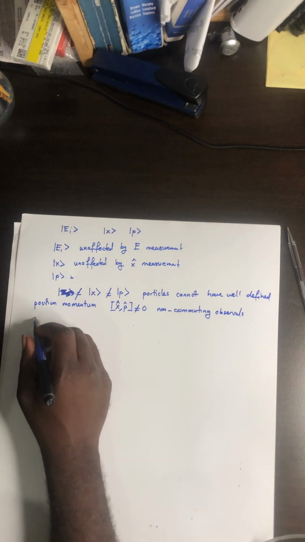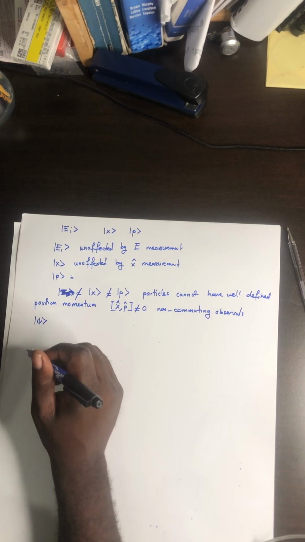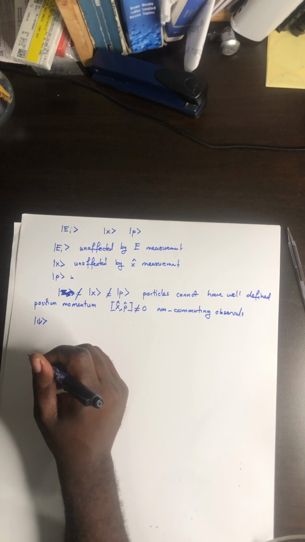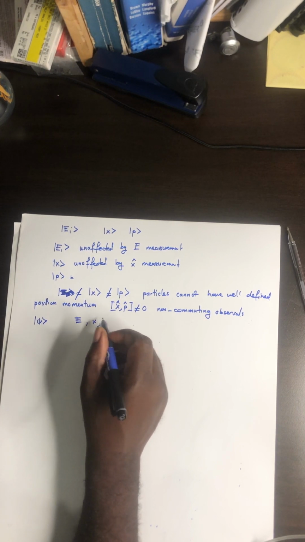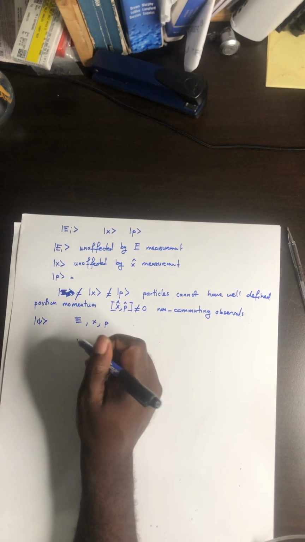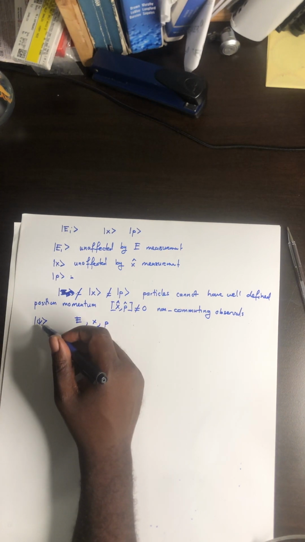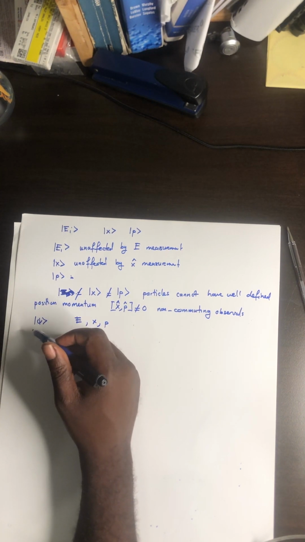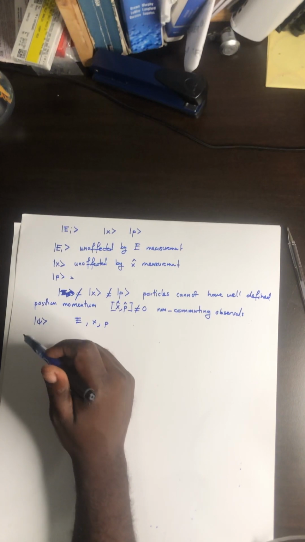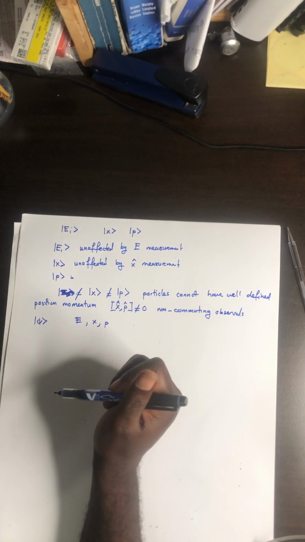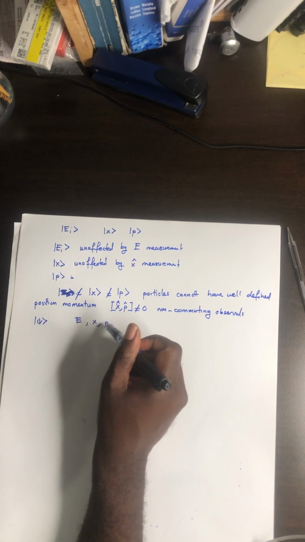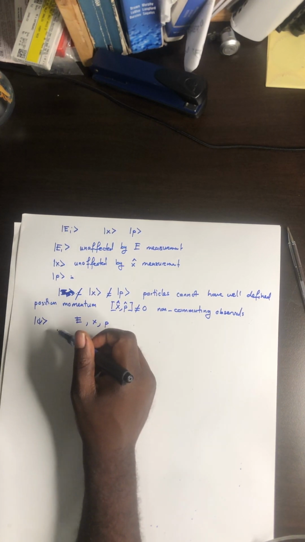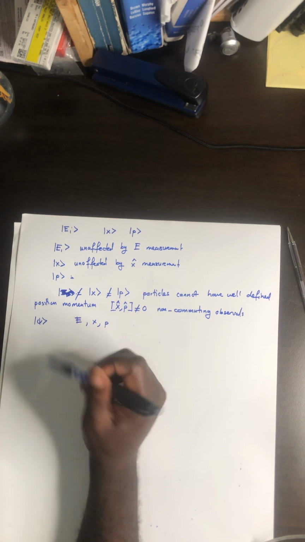So if we have the generic state psi that represents a quantum state, things like energy, position, and momentum are not intrinsic properties that the particle actually has. But these quantities represent questions that we can ask about the state through measurement.